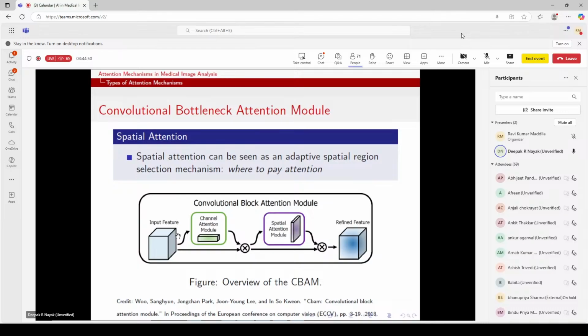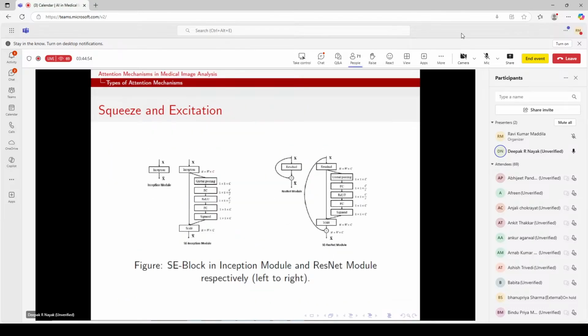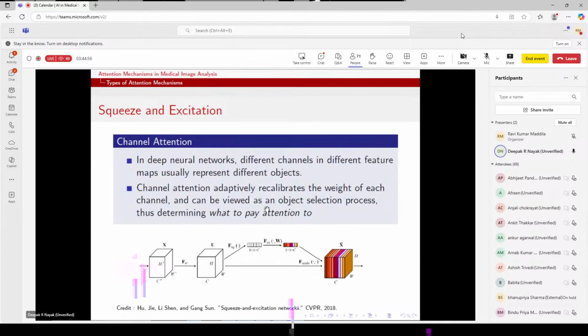That means, again, you have to generate some weights. Like in the previous case, you can see over here how we generated the weights by applying a global average pooling operation followed by convolution operations or maybe a multi-layer perceptron. Then you applied a sigmoid operation to get these weights, and these were one-dimensional weights, element-wise multiplied with the original feature map to get this one.